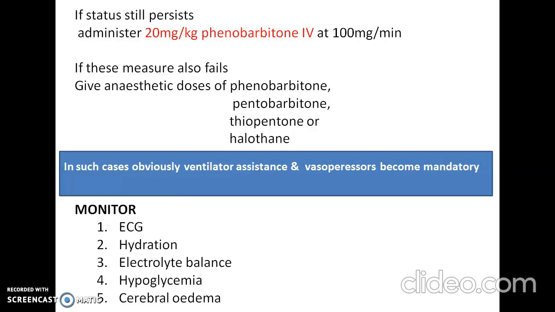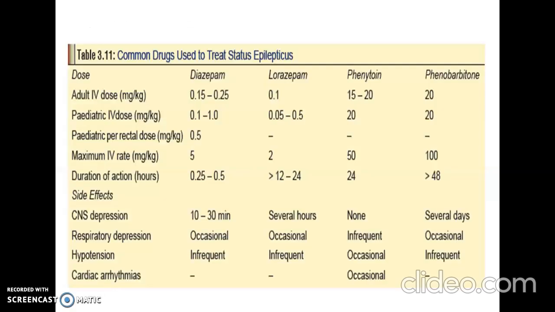Even to regulate the blood pressure, vasopressors become mandatory during treatment with such agents. Simultaneously, ECG monitoring, hydration level of the body, electrolyte balance, hypoglycemia, and cerebral edema should be checked. Now let us see the common drugs used to treat status epilepticus.